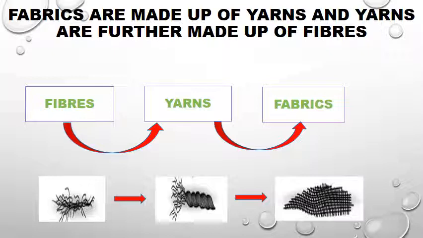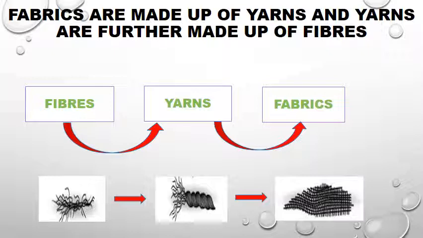If you observe closely, you will notice that fabric is made up of two sets of strands, and these strands are arranged together in horizontal and vertical fashion. And these strands are called yarns.